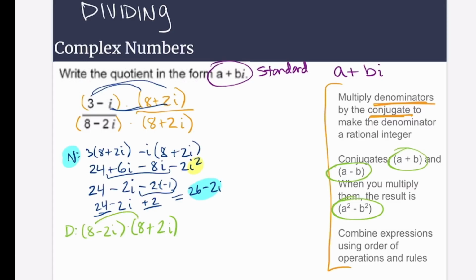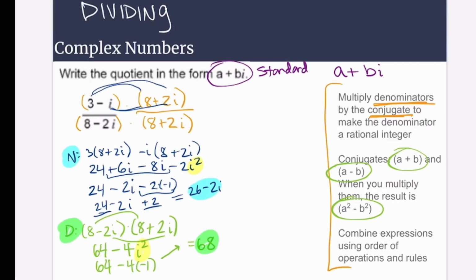So this is going to be 8 times 8, which is 64, minus 2 times 2 is 4, and i times i is i squared. Same situation here with the i squared. That changes to a negative 1. Negative 4 times negative 1 changes to a plus 4. 64 plus 4 is 68, and that is our denominator.